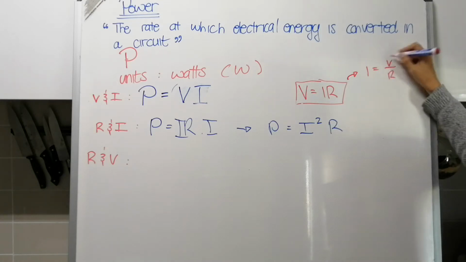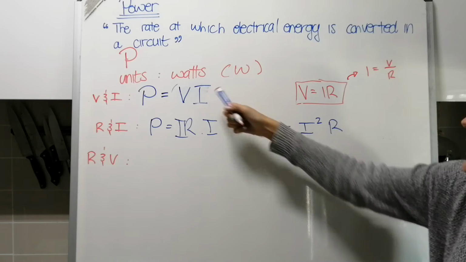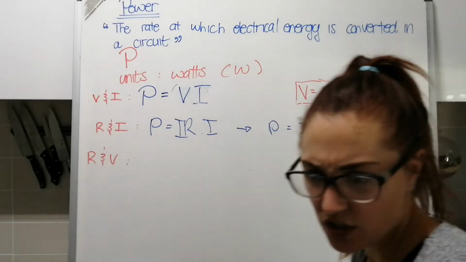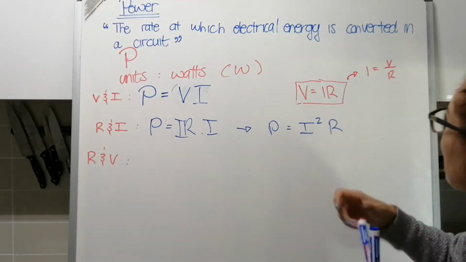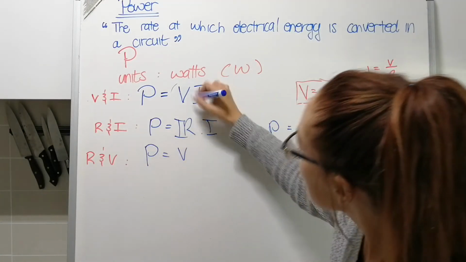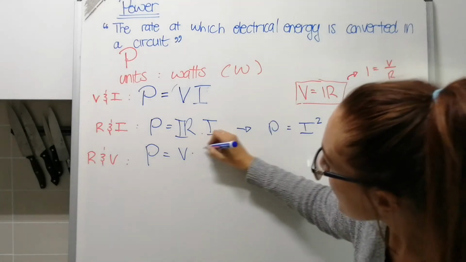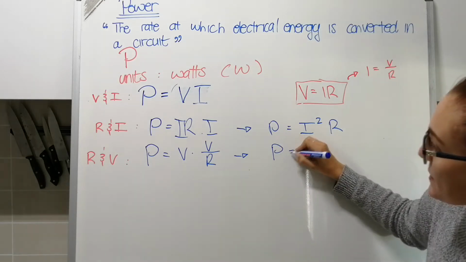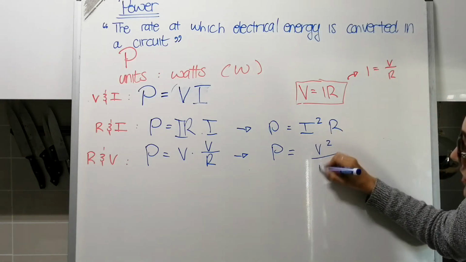So I can write V over R instead of I. So we're going to have P equals V, now instead of I, I'm writing times V over R, which when we simplify becomes P equals V squared over R.